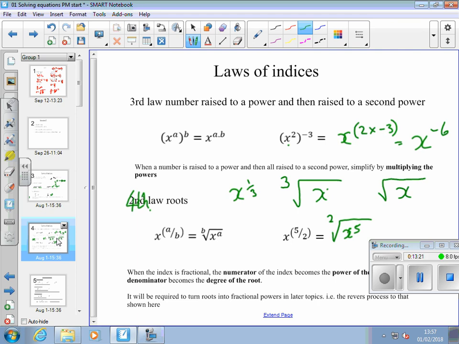If you remember that the square root is x to the half, then you can remember that the bottom number gives you the root, and the top number gives you the power of the x inside.